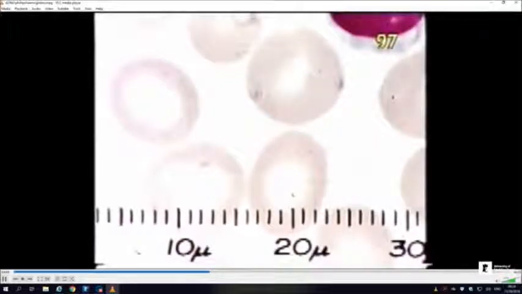In sickle-cell anemia, however, the blood cells are sometimes distorted into these grotesque sickle shapes. And if we disrupt one of these sickle cells, we find within it a mass of fibers formed, rather than a concentrated solution of hemoglobin.